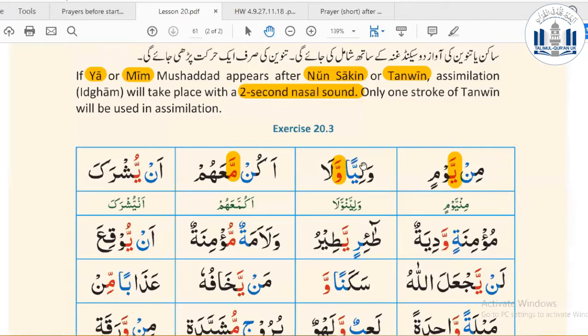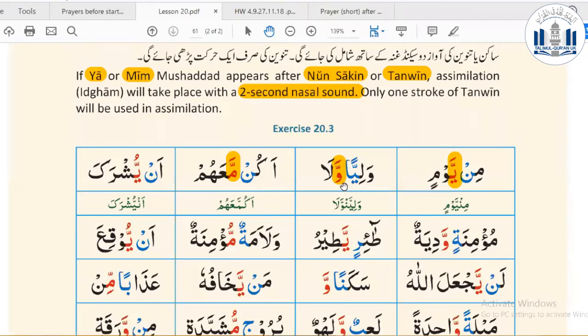Now we're moving on to the rule where waw mushaddad appears after tanween. So this is tanween over here. That should tell us that a 2-second nasal sound will be produced whilst we're joining the ya to the waw. So repeat after me. Liyawa.